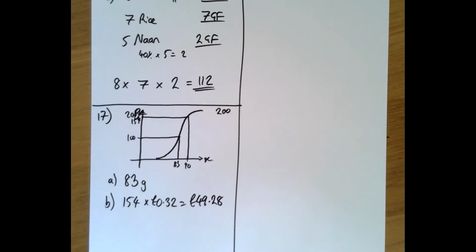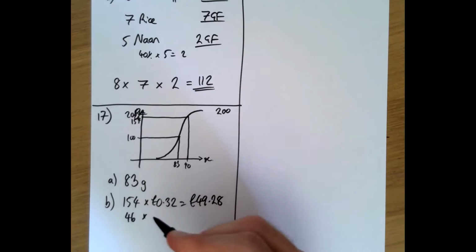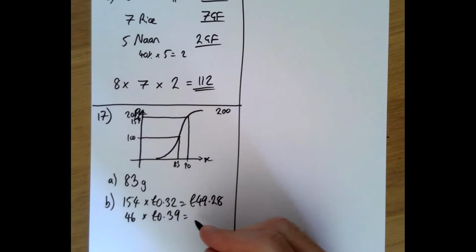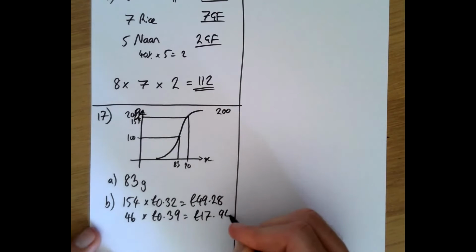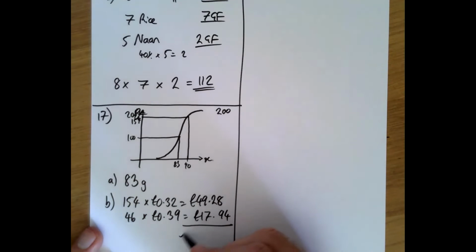So if there's 200 in total, there must be 46 that are bigger than 90 grams, and they cost 39p each. If I do 46 times 0.39, I get £17.94. So if I add that with my previous answer of 49.28, I should get £67.22.